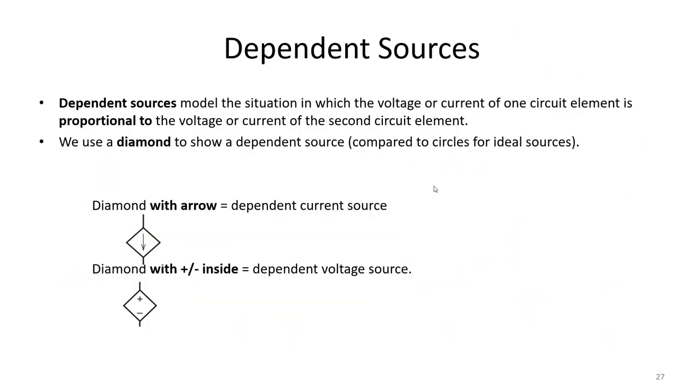The next circuit element we're going to cover is dependent sources. These might be new for you. It's not typically covered in physics class. Dependent sources model the situation in which voltage or current is proportional to voltage or current of a second element.